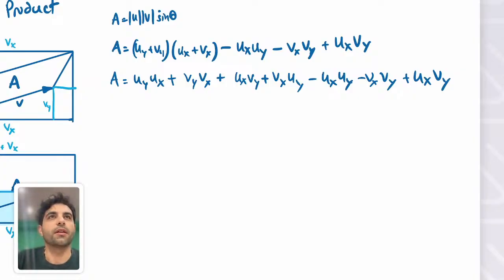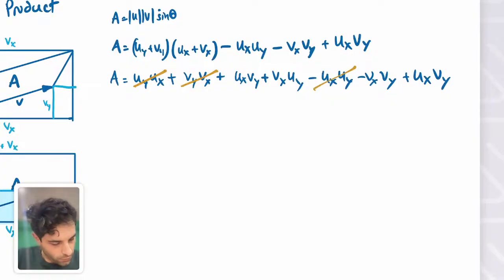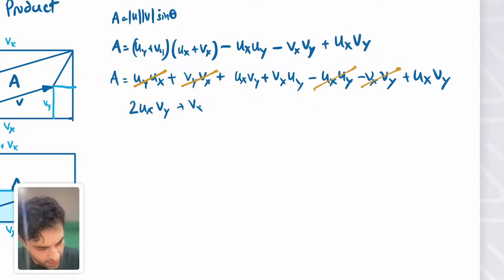This is why I didn't want to use the same letters. UxUy, oh yeah, there you go. They go away. Cool. Nice. Anything else? VyVx. Okay, what are we left with? UxVy, 2 of those, plus VxVy.